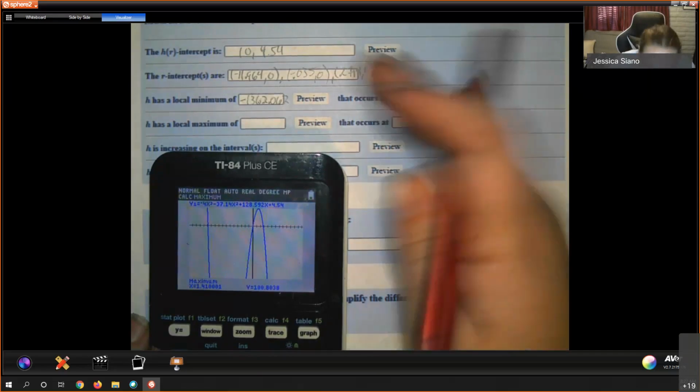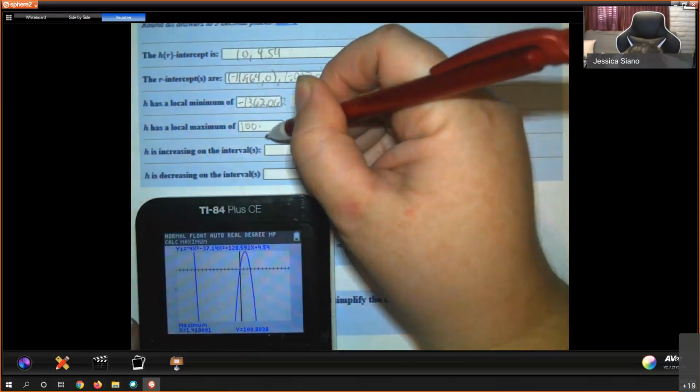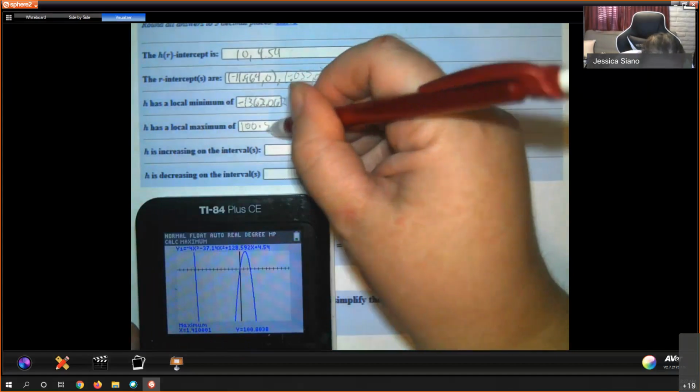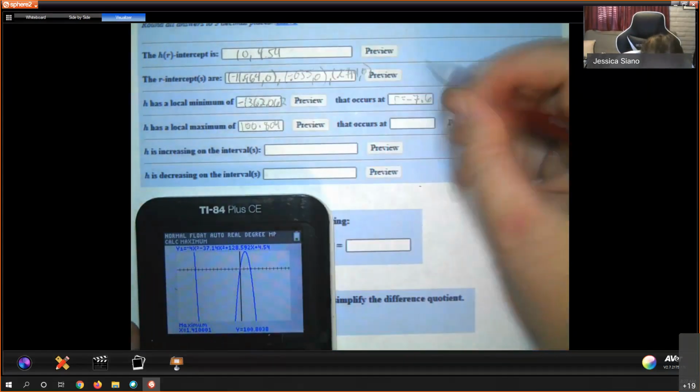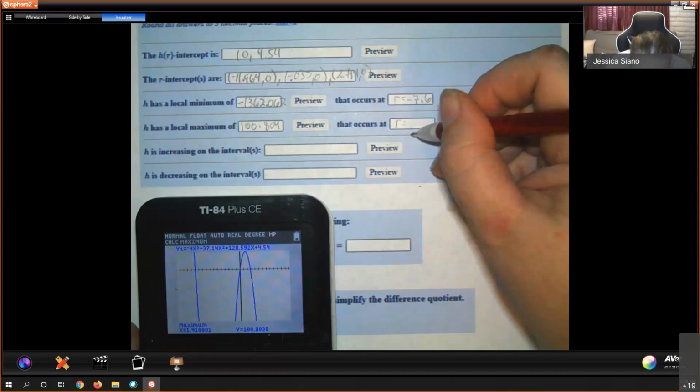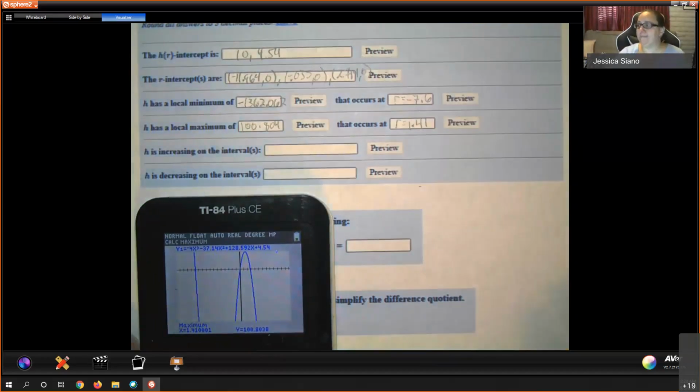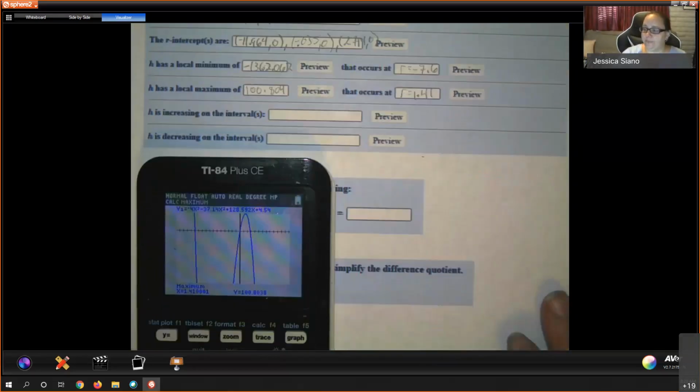So a maximum of 100.804 at R equals 1.41. Okay. Calculator work.